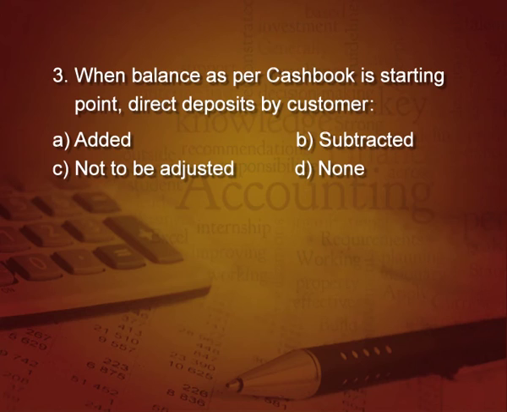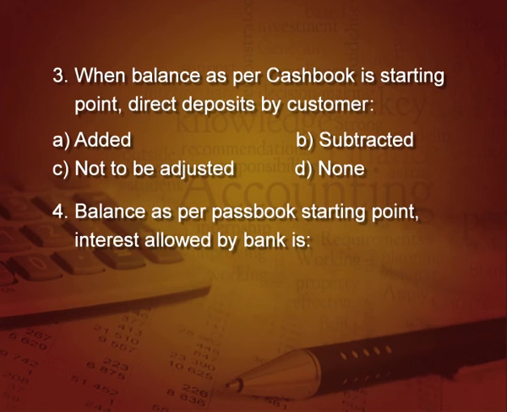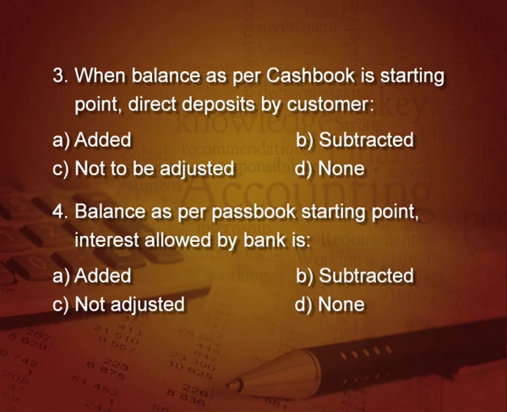So, now we will add. Yes, the answer is A, added. Similarly, the next one: balance as per passbook is the starting point. Then interest allowed by bank, allowed means given to the customer, will be added, subtracted, not adjusted, or none of these. It will be subtracted, because in passbook it is already added, it is more. So, now we have to subtract it. Okay.